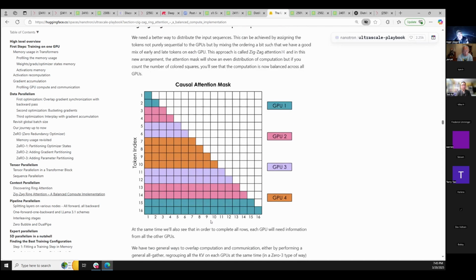And so they have this thing where they say, we'll give GPU 1 some of the easiest ones and some of the hardest ones. And by going from the ends and meeting in the middle, it turns out that the workload on every GPU ends up being equal, and it's perfectly balanced as long as the GPUs are equivalent speed GPUs in the first place.